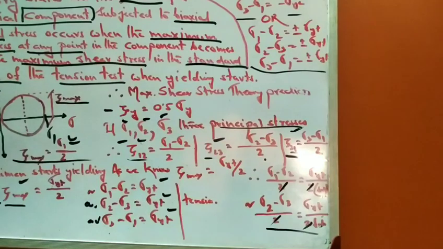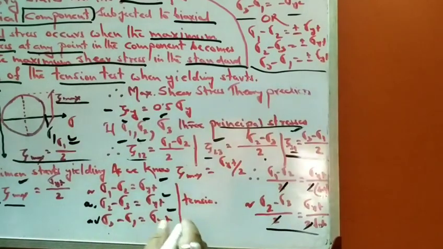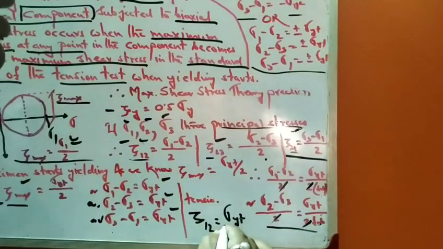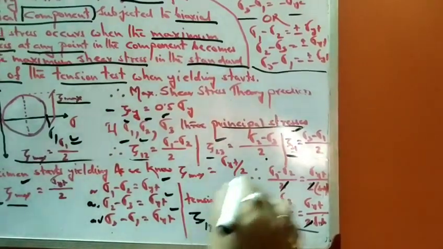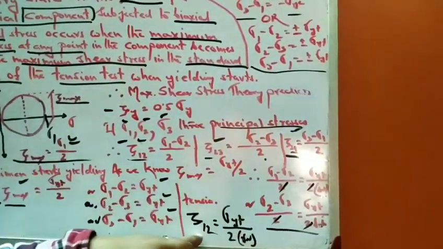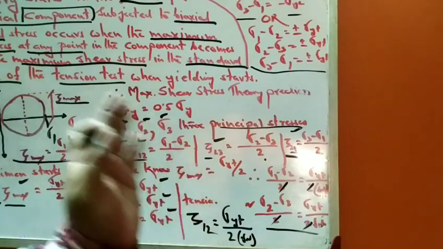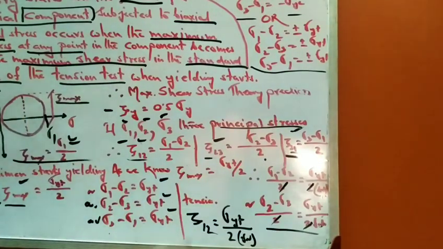So for this reason, we compare shear stress with the yield stress: tau 12 is equal to sigma yt by 2 into factor of safety. In place of tau 12, we replace shear stress in the form of principal stress.